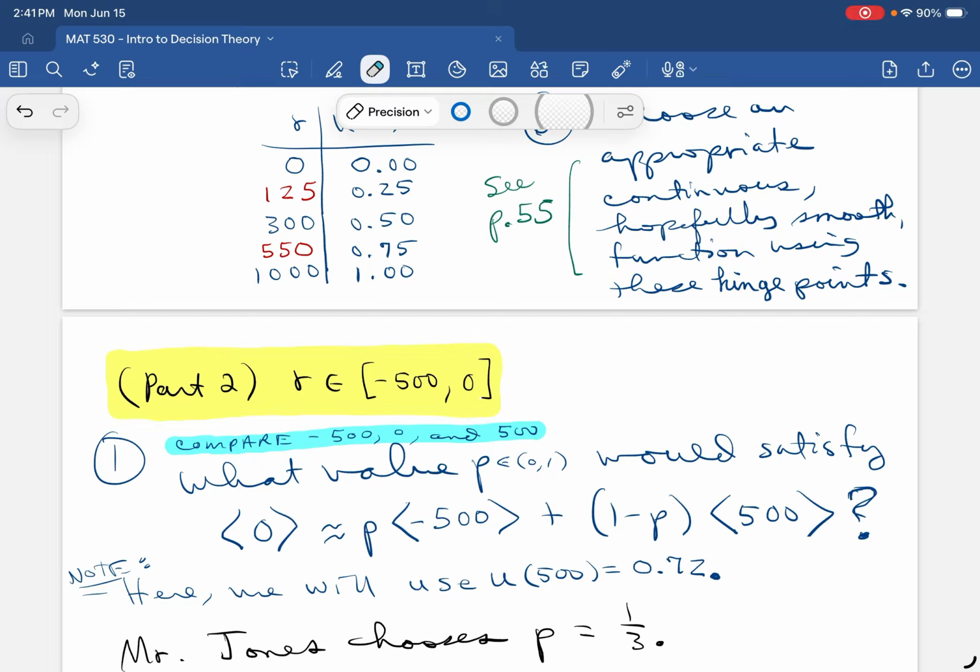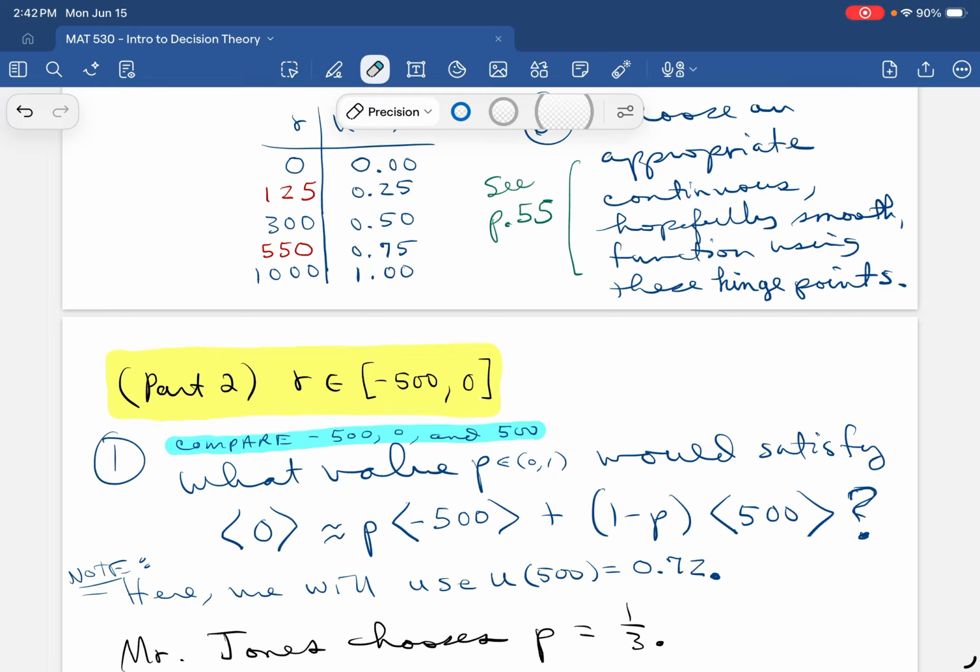The question is, and again, this all depends on what this person, in this case Mr. Jones, decides. So what probability, right? Obviously that little p is going to have to be less than a half, because in order for a reasonable individual to value this gamble on the right side, it would need to be weighted a little more towards the positive gain side.